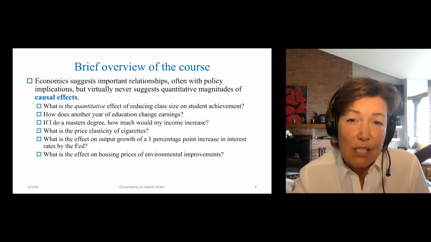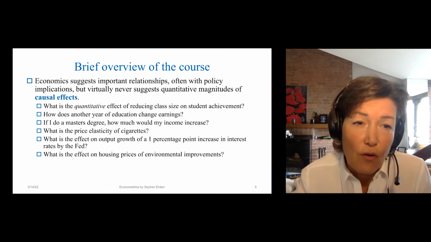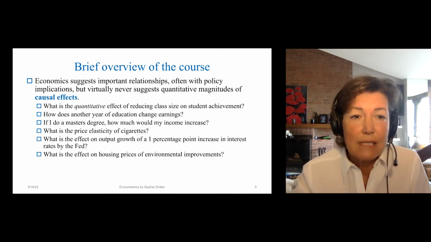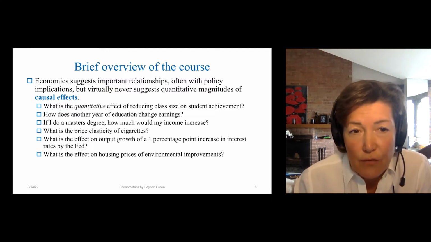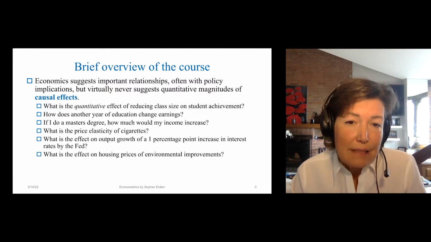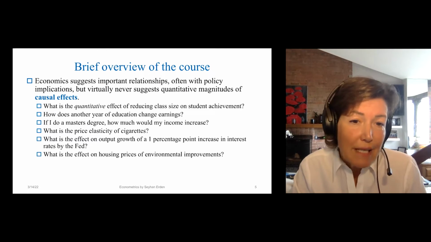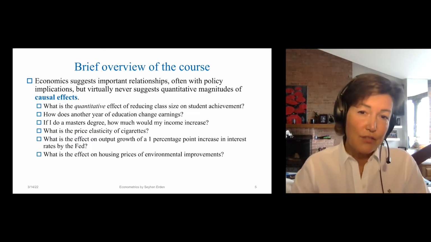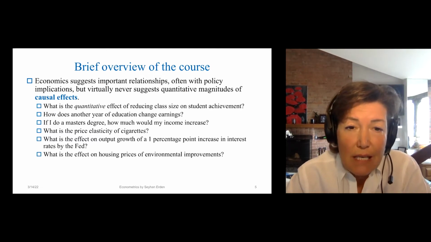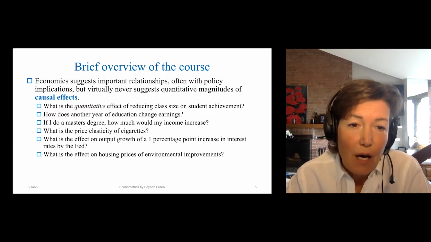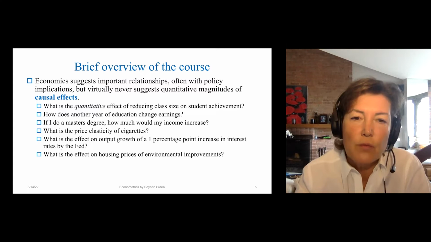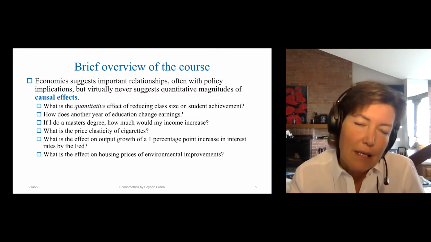We're going to suggest quantitative magnitudes of the causal effects. For example, if I do a master's degree, how much would my income increase in the future? Or what is the elasticity of a certain product? Or the Federal Reserve now increased the interest rate. If it increases that again, what's going to happen to the output? Things like that. So we're going to actually quantify these relationships.